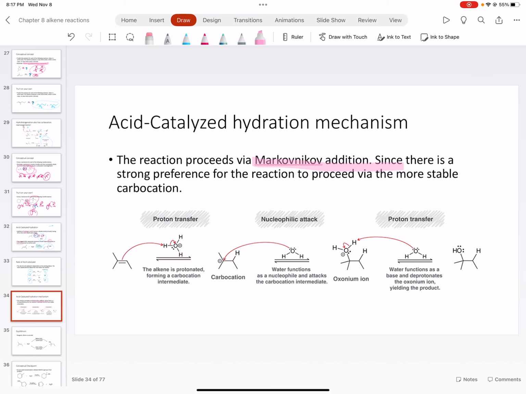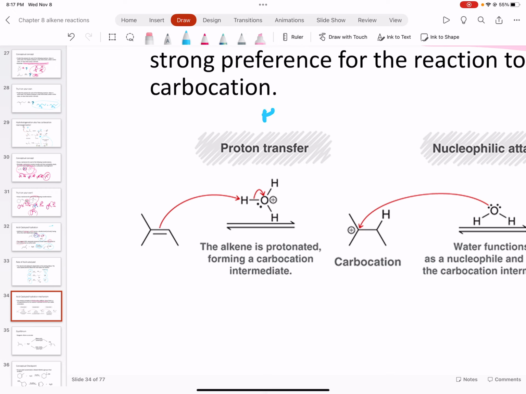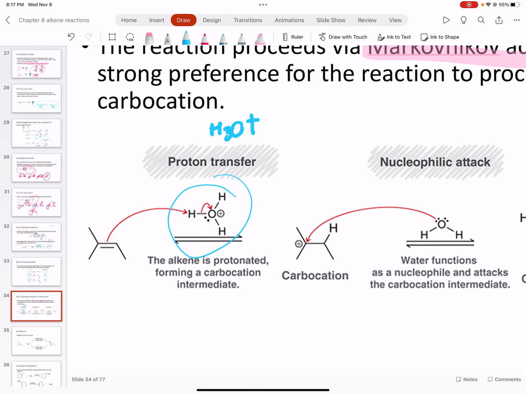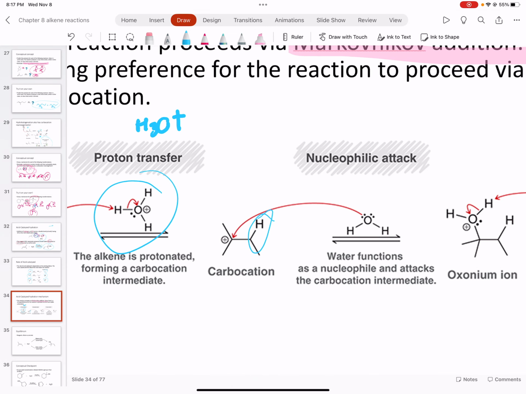So then you can see in here we do it. We have that H3O plus in here. That double bond is gonna steal a hydrogen. And then that hydrogen is gonna go to the least substituted. And then, since we took an H from that H3O, we're left with water.